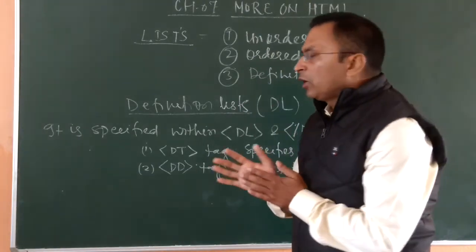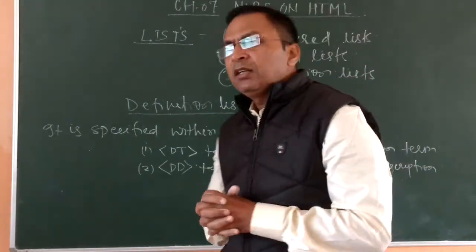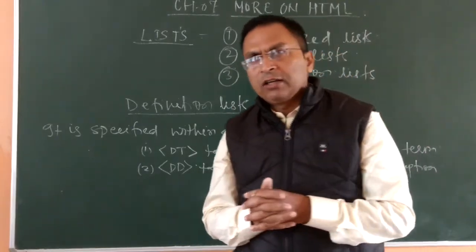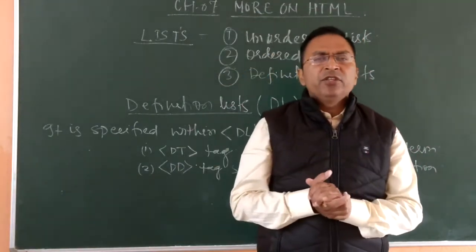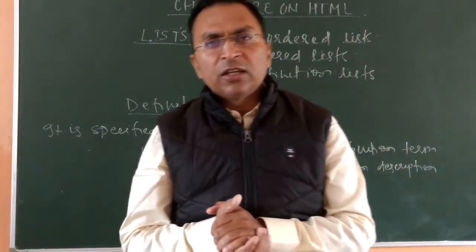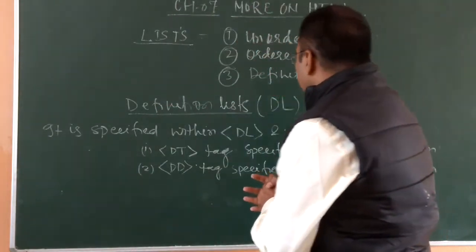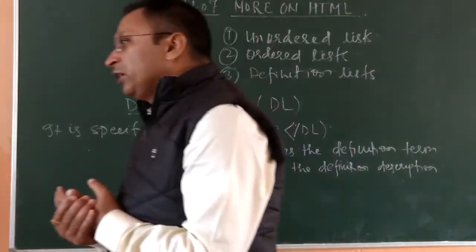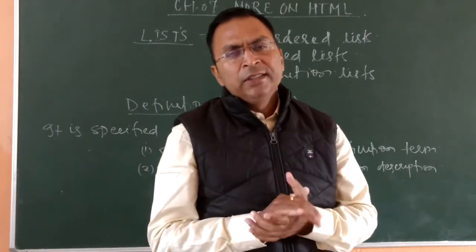Under the list, it is classified into three types: unordered list, ordered list, and definition list. In the previous video we have already studied the ordered list and unordered list. So today in this video, we will get an idea about the definition list.